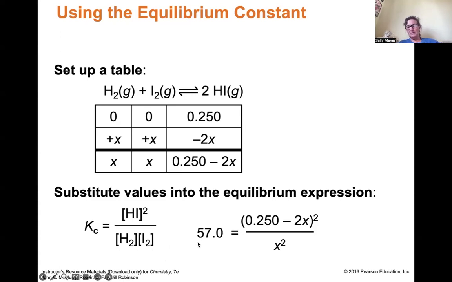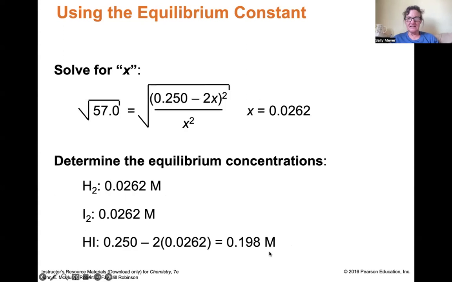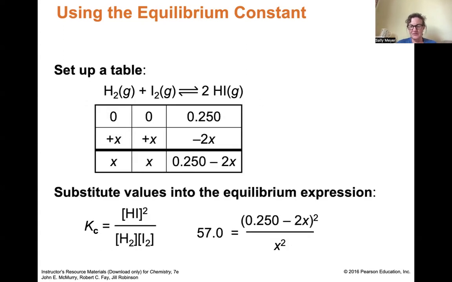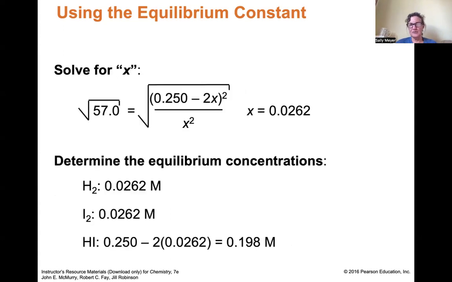We were told that our equilibrium constant is 57. So 57 equals the concentration of the HI at equilibrium squared divided by the concentration of H2 times I2. So that ends up giving you X squared. And you can solve this one quite easily because if you notice, you can take the square root of both sides.